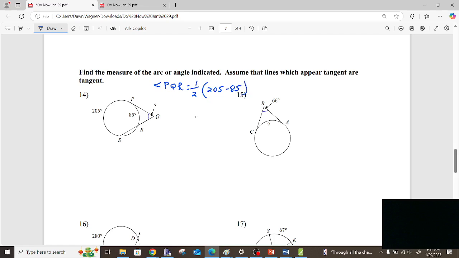So what is 205 minus 85? 120, and I need to multiply this by a half. And so the measure of angle PQR then is 60 degrees.